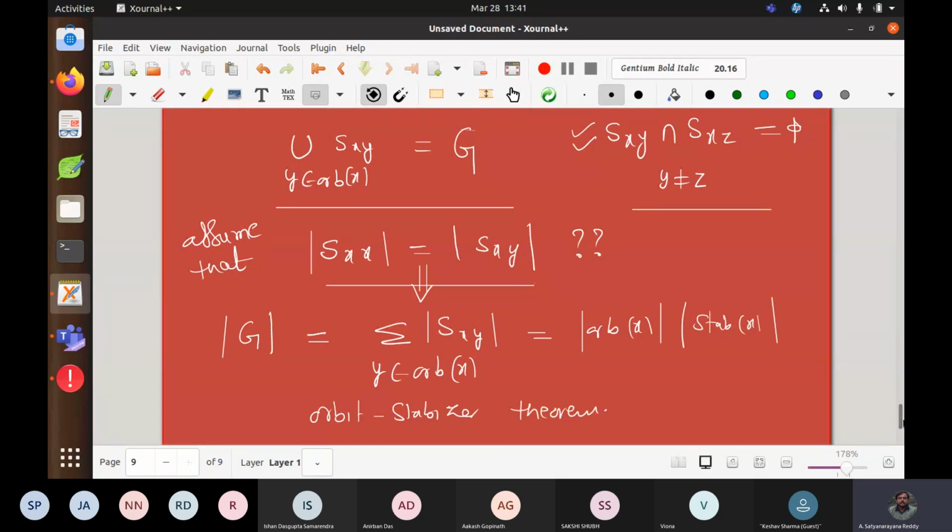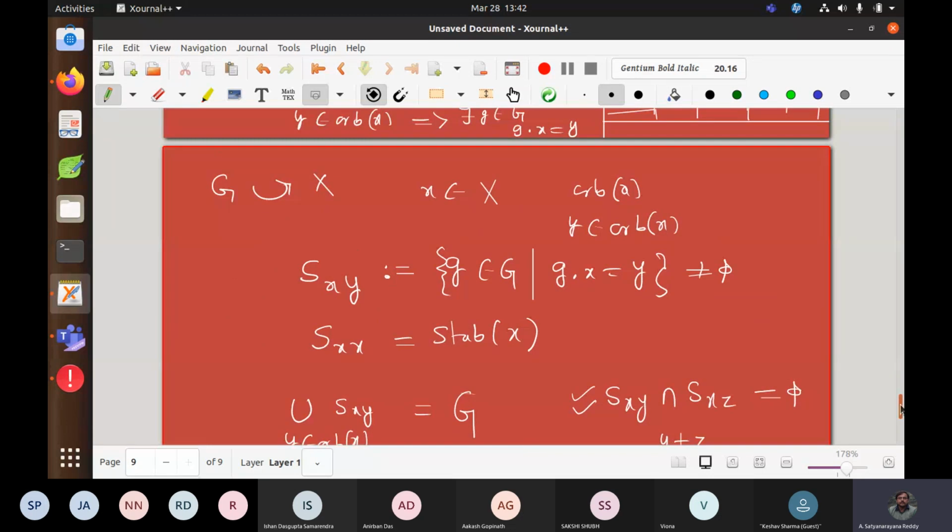Of course, I made a mistake. I had to say G is a finite group. So let us assume X is also finite. So no problems at this juncture. Suppose G is a finite group acting on a finite set X. So for convenience, first this case.